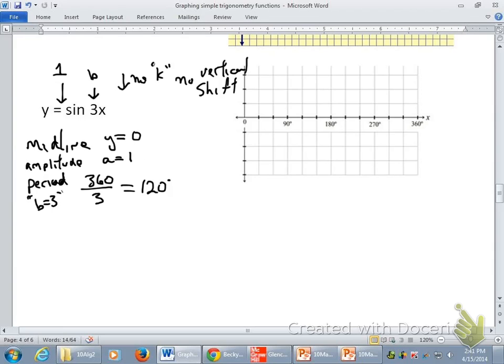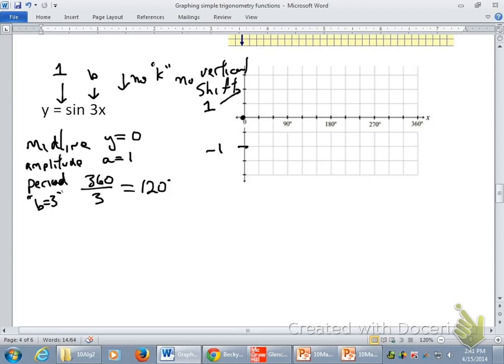First, I want to come over here and graph a normal sine curve, and then I'm going to graph what the smaller sine curve would look like. Normal sine curve: it's going to start at 0, go up to 1. I forgot to label my axis. I'm going to do this one as a 1 here and a negative 1 here.